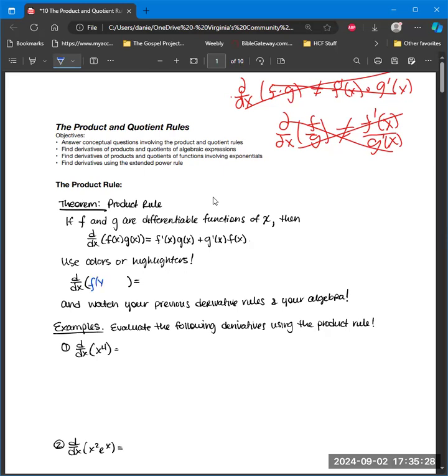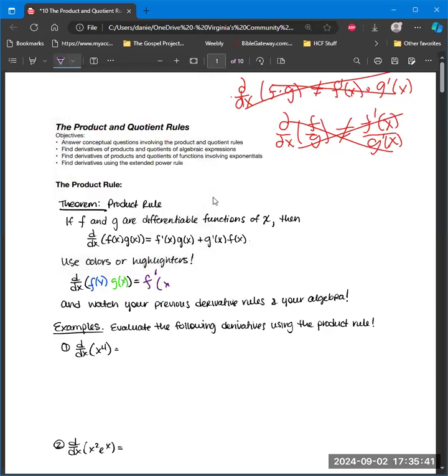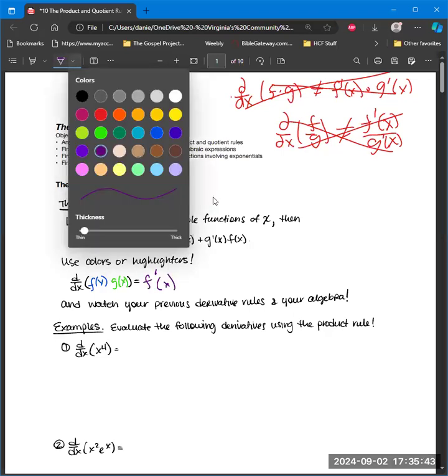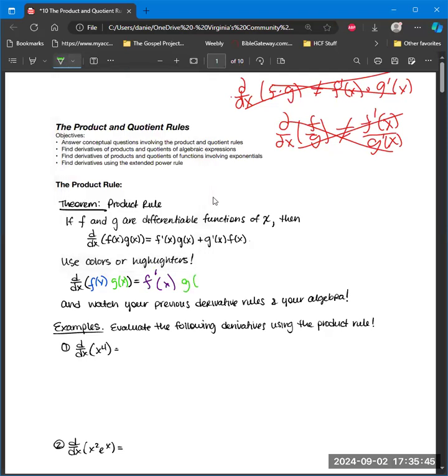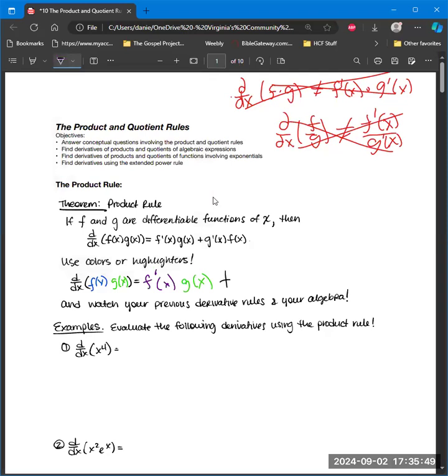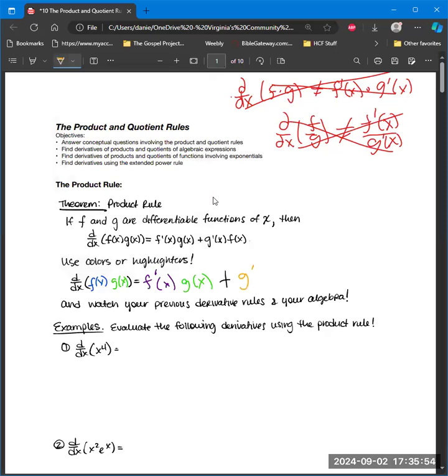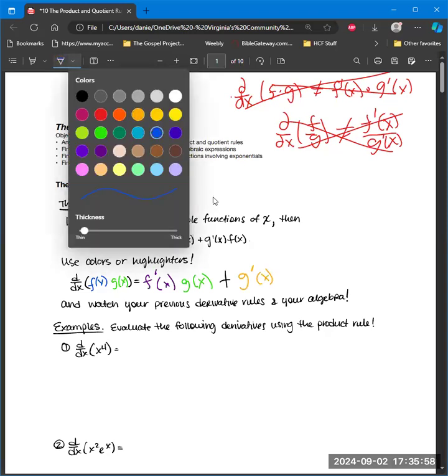If I have f of x times g of x like this, then that's going to be equal to, I'll make this f prime of x times g of x plus. Hopefully this helps you and doesn't make your eyes go crazy. G prime of x times f of x.